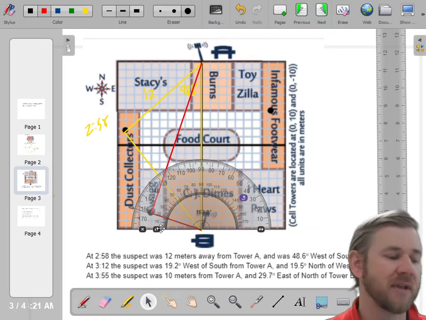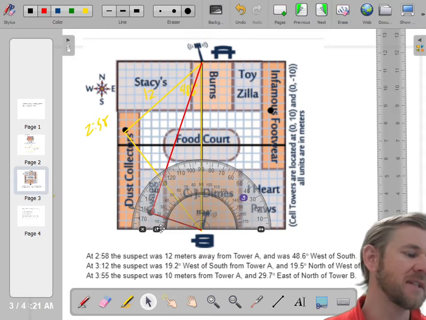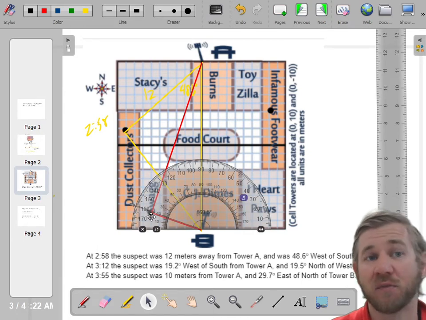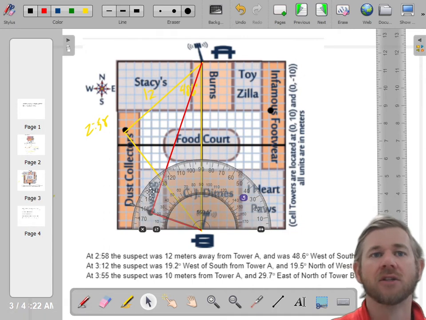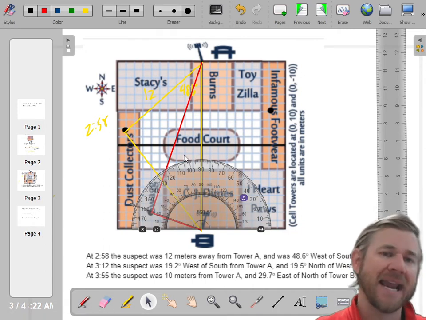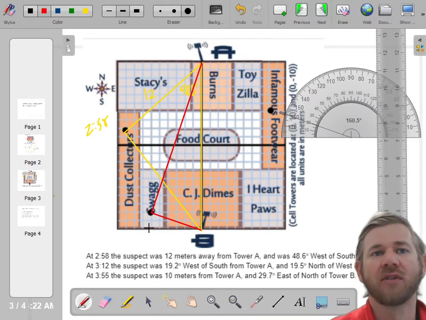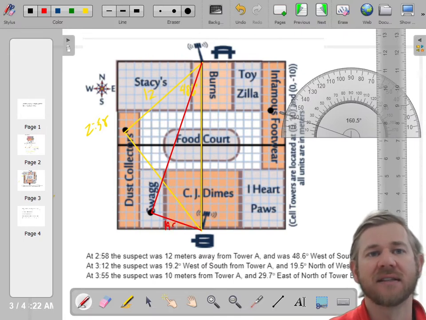I wish I could measure that, but if you do 180 minus 19.5, you can see that this is 160.5, which is right about there. You can see that it's pretty close to where I have my dot. So the fact that it's 19.5 degrees, you got to realize that's north of west. So this is 19.5 degrees, this angle right here. I probably actually want this angle on the inside.